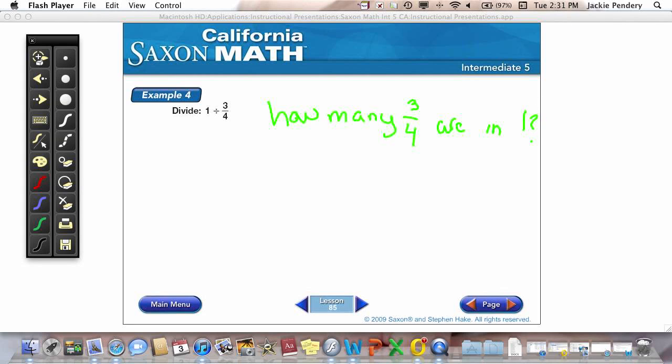Now, here's how we find this out. When I have 1 divided by 3/4, the first thing I have to do is turn 1 into a fraction, which is simply 1 over 1, and rewrite the rest of the original problem.